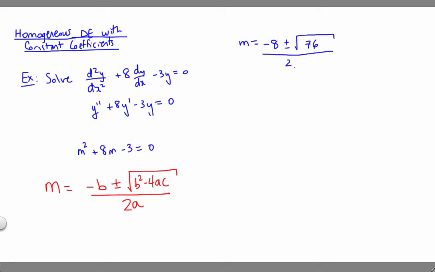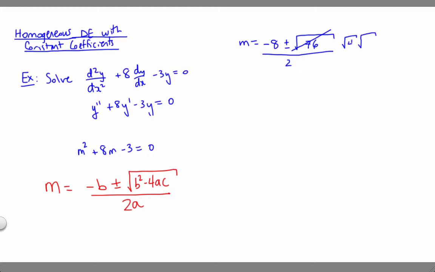Okay, now sometimes it's possible to simplify these m values, so let's take a close look at the square root here, and let's think about whether there are any perfect squares that divide into 76. So I'm actually going to cross off just this root here, and let's see if we can rewrite it.